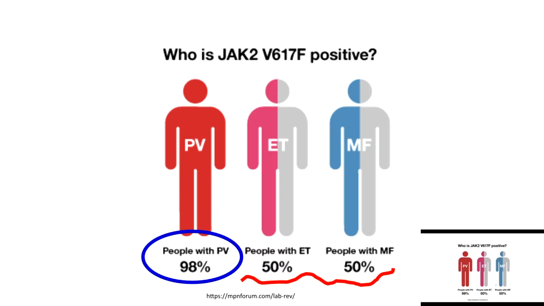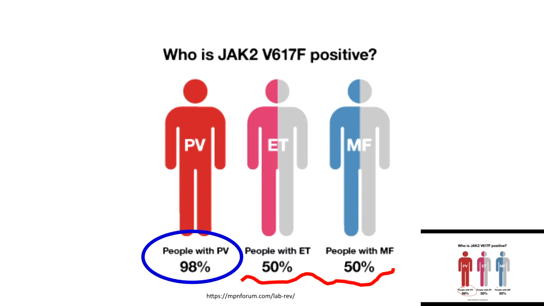So, who is positive for this mutation, this JAK2V617F? Almost all those with polycythemia vera. But it's not just polycythemia vera. We see this mutation with myelofibrosis also, essential thrombocytosis also.